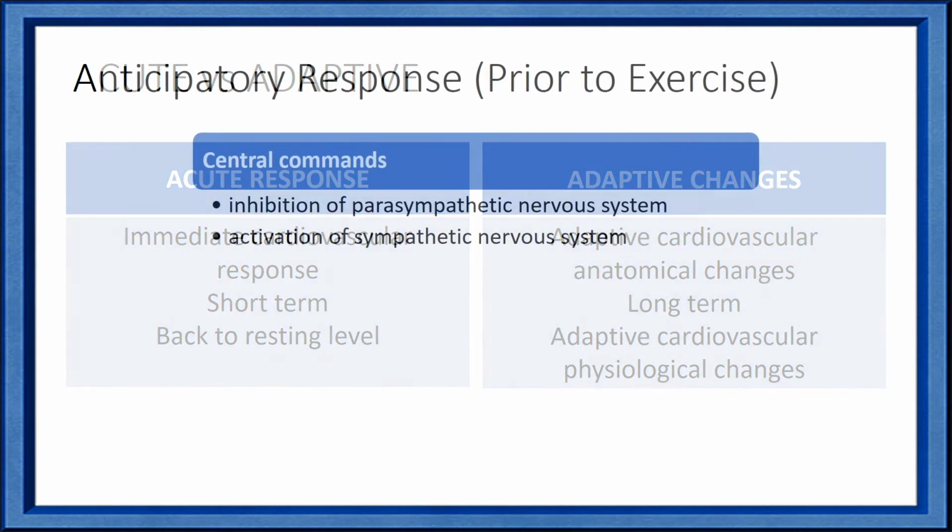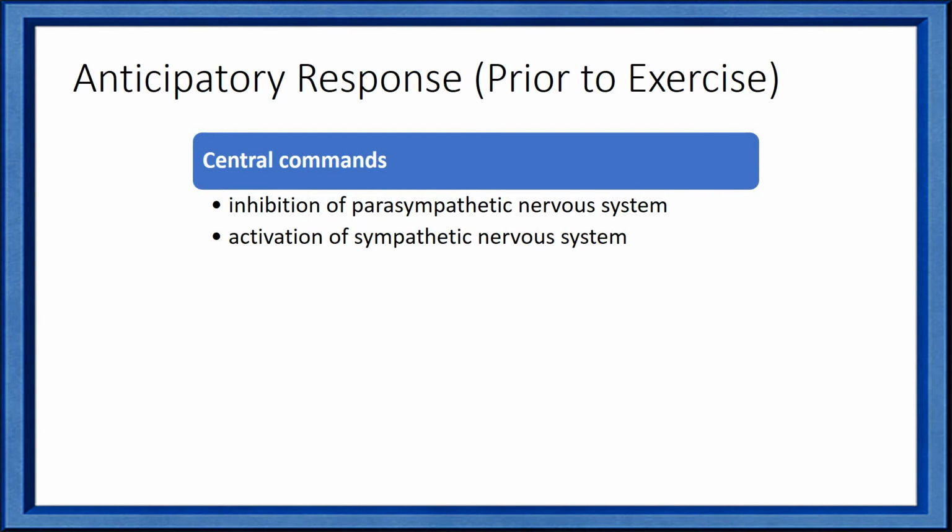Even before a person begins to exercise, the heart rate increases above the resting level. This is known as anticipatory response. It is now established that the first increase in heart rate stems from the central nervous system, known as central command. The central command modulates stress-related sympathetic outflow, including the sympathetic outflow related to exercise.